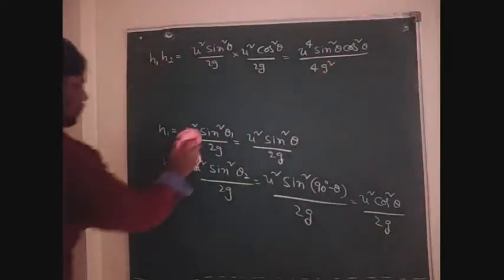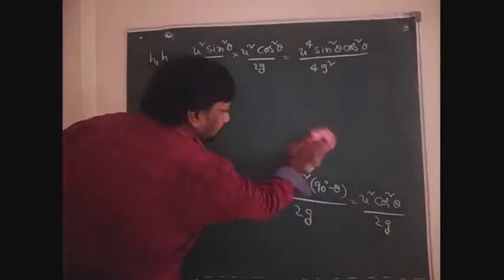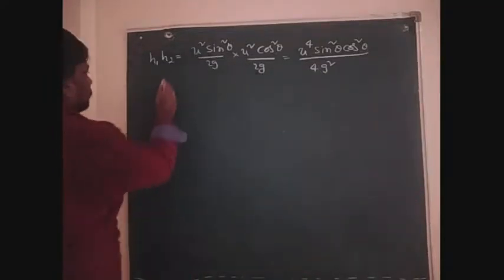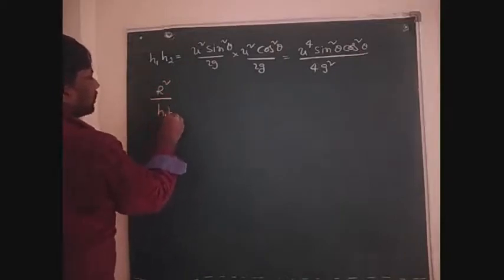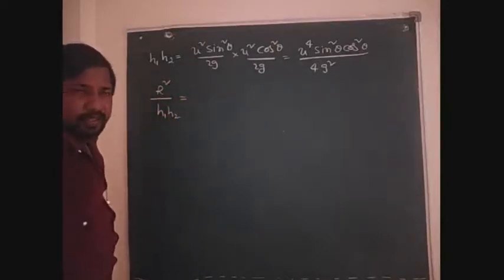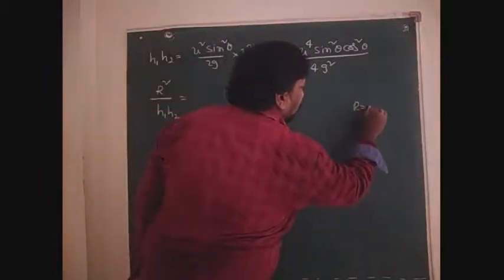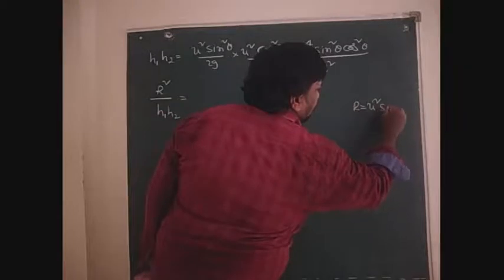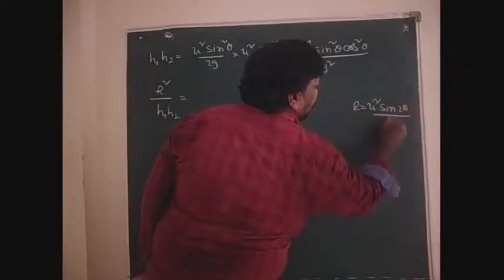So now R square by H1 H2. Here R means range. You know that R equal to u square sine 2 theta by g.